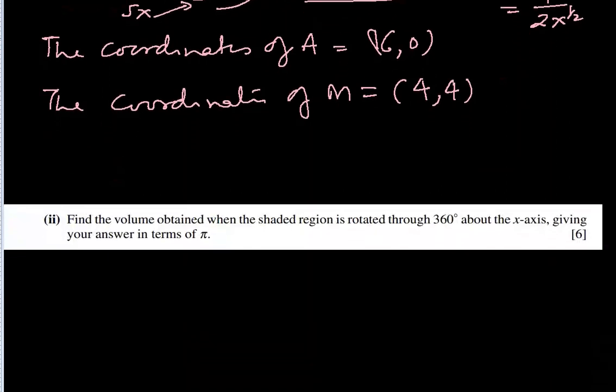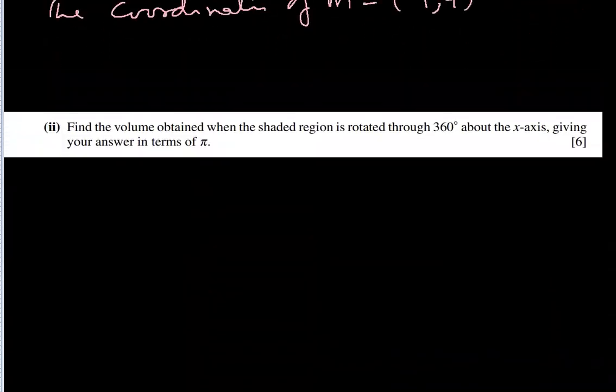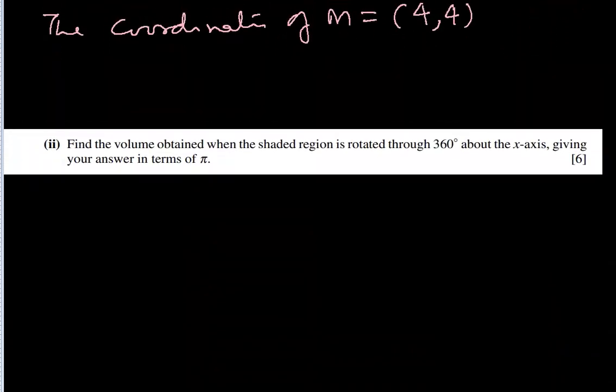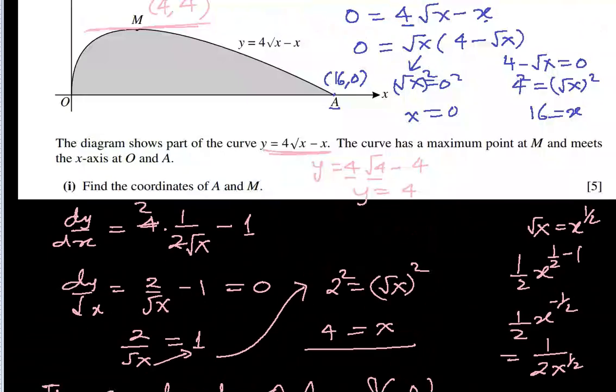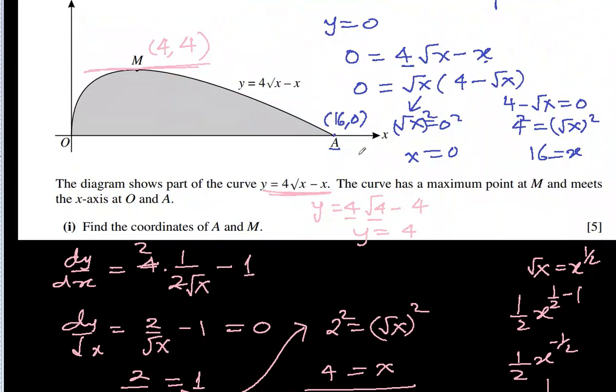Second part, find the volume obtained when the shaded region in this function is rotated through 360 degrees about the x-axis. So the whole thing is shaded, and we know it is from 0 till 16, right?